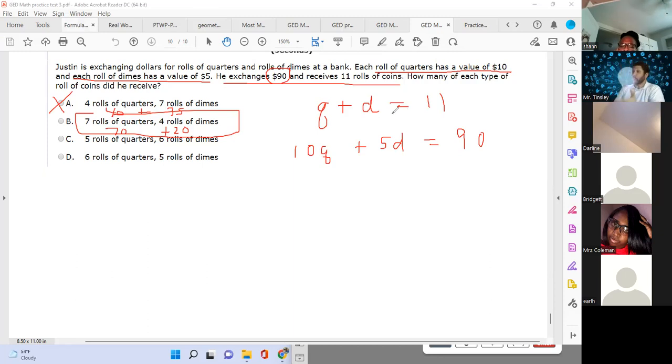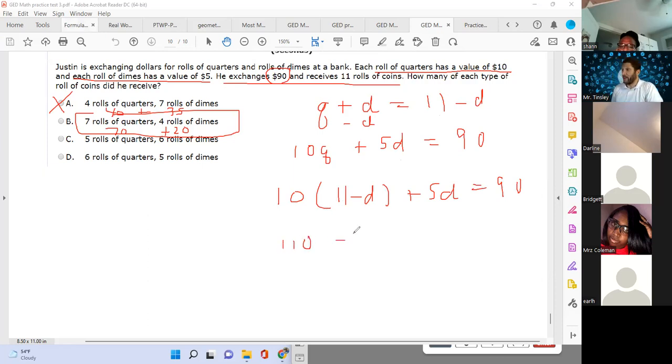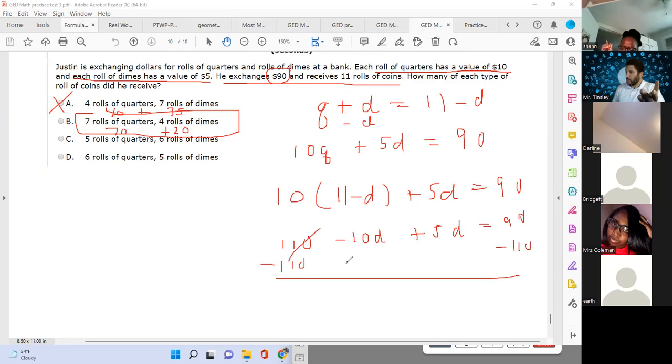Here, what they wanted you to do is subtract D, and Q is equal to 11 minus D. So I'm going to do 10 times (11 minus D) plus 5D equals 90. Then you have to do the distributive property: 110 minus 10D plus 5D equals 90. Then I combine like terms. Minus 110, minus 110, they cancel.